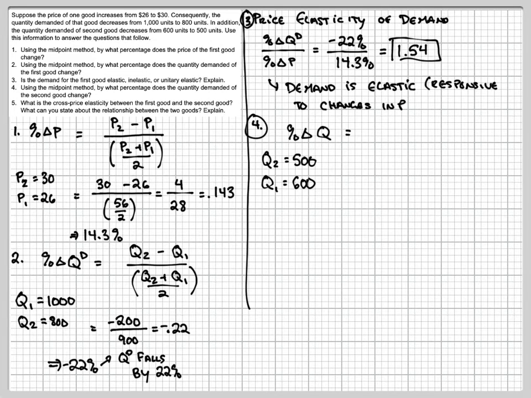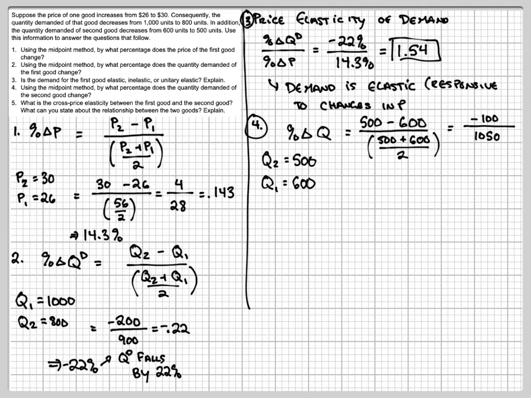is 500 minus 600 divided by the average. So 500 plus 600 divided by 2, or negative 100 divided by 1050.